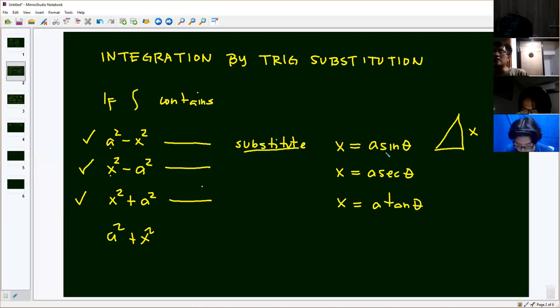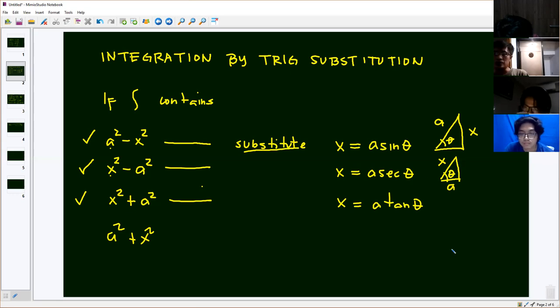Sine theta is x over a. So this is it. In x squared minus a squared, secant theta is x over a. So it follows that cosine is a over x. So this is x, this is a, and this is our theta, standard.